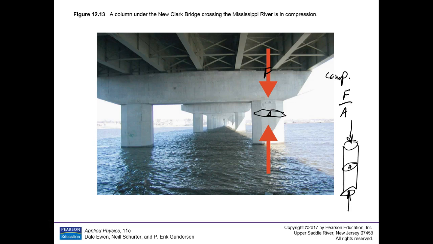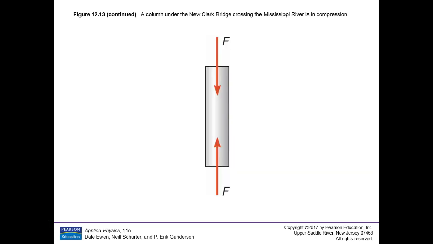The second example of a compressive force, force per unit area, where the area would be the cross-sectional area here. So the compressive force is equal to force per unit area. Compressive stress.